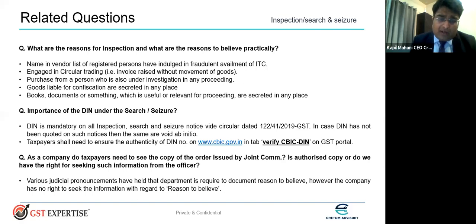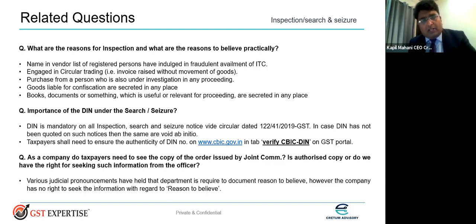But in that scenario, what is more important is that in these days, these are the cases wherein, in circular trading, genuine receivers are being penalized, searched or inspected on the ground that they have purchased from a circular trader who is actually issuing only invoices without goods. In these cases, maximum queries come about what they need to do, wherein the department is asking to pay the tax or reverse the input tax credit, because even the party who has issued the invoice has not disclosed, or even if disclosed, is covered under some level of circular trading.